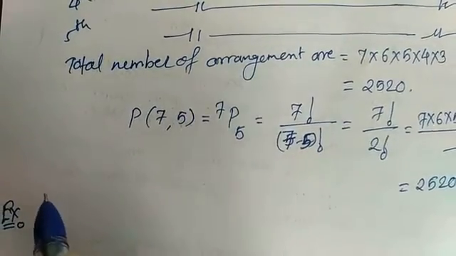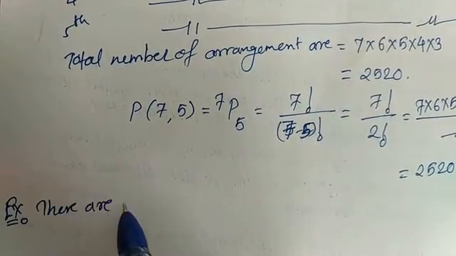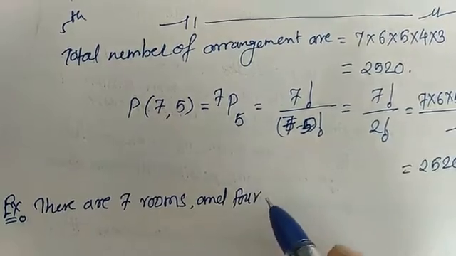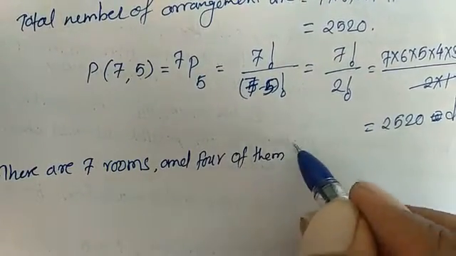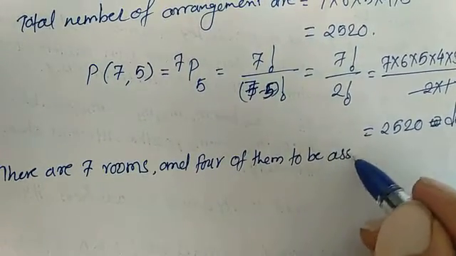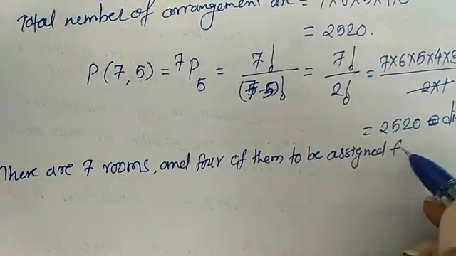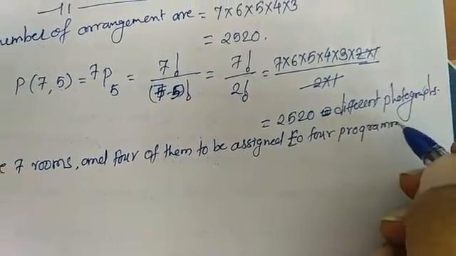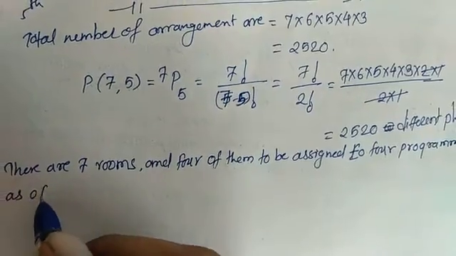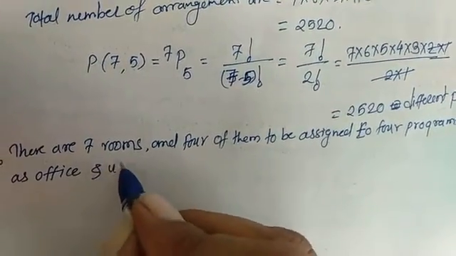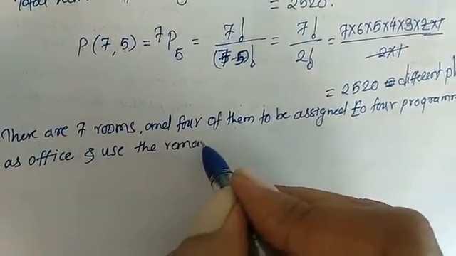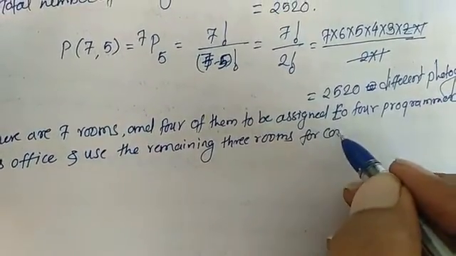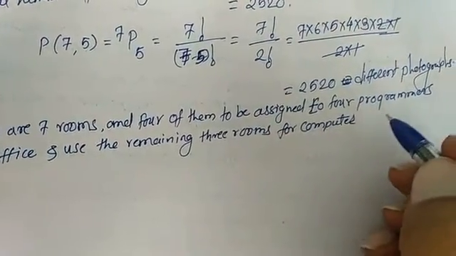Next example is: there are 7 rooms and 4 of them are to be assigned to 4 programmers as offices, and the remaining 3 rooms are used for computer terminals.